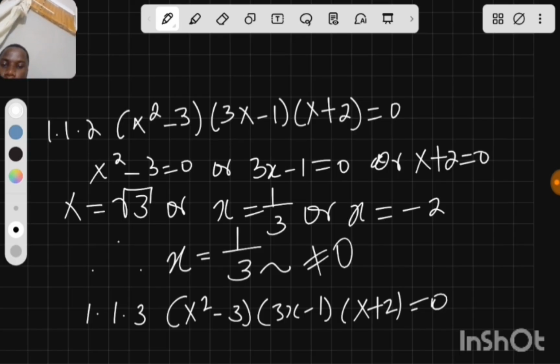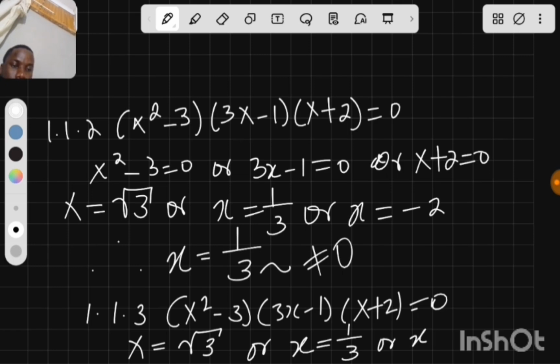When solving, x will be equal to the square root of 3, or x will be equal to 1 over 3, or x will be equal to negative 2. I hope you understand.